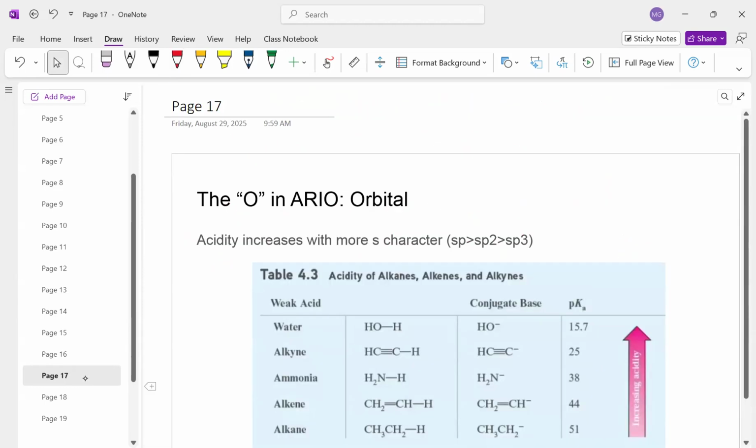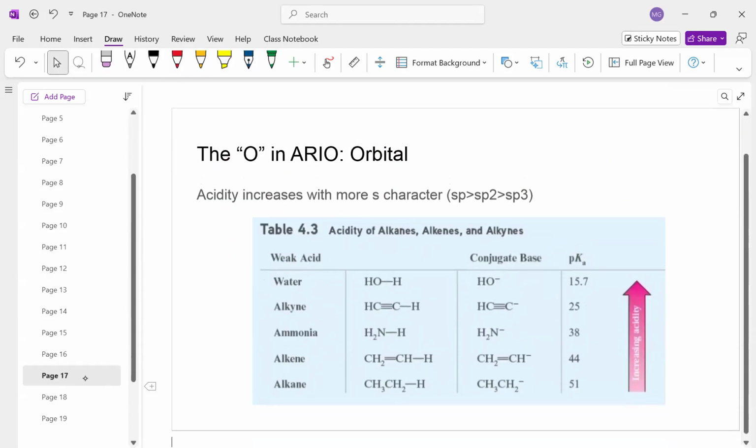Now, the last part of the ARIO acronym is O, which stands for orbital. When all else fails, the acidity increases with more s character.